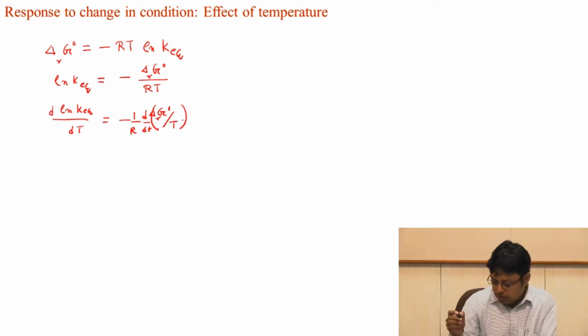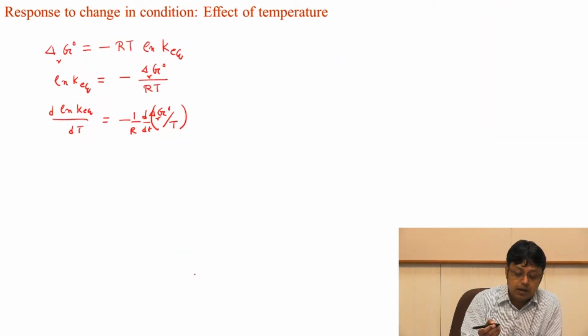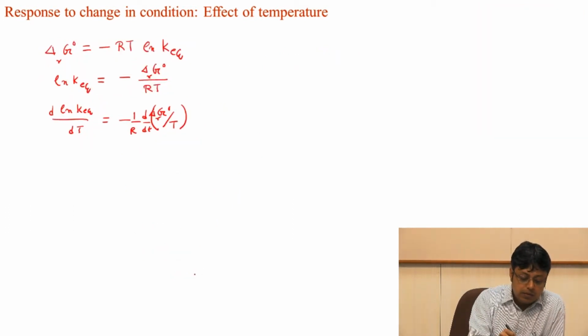Now we use the Van 't Hoff equation, and we already know that it is minus delta H by T square. This minus and this minus cancel, so we have 1 over RT square, or we can just write it as delta H by RT square.